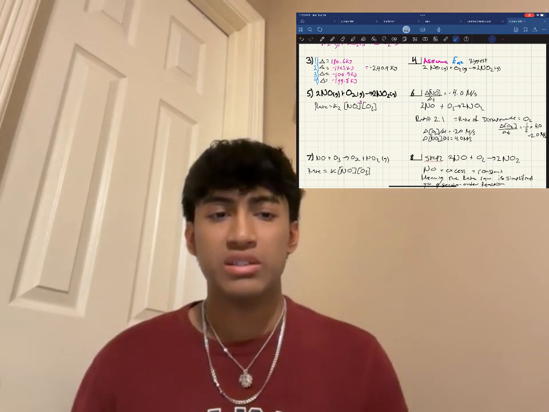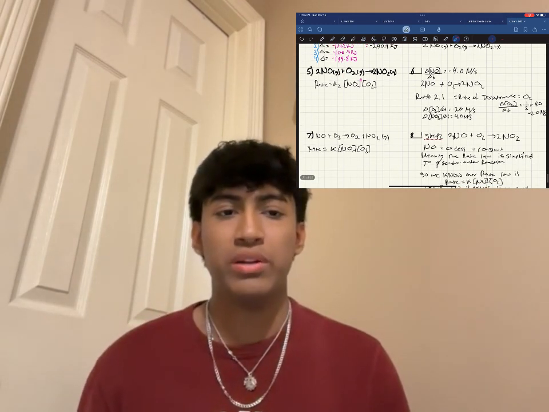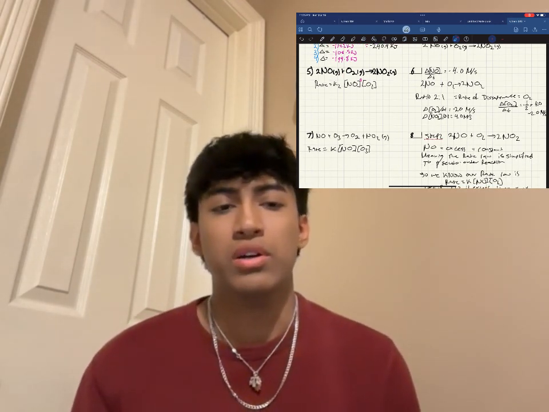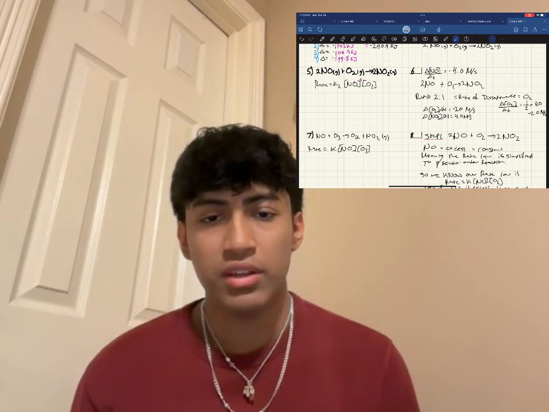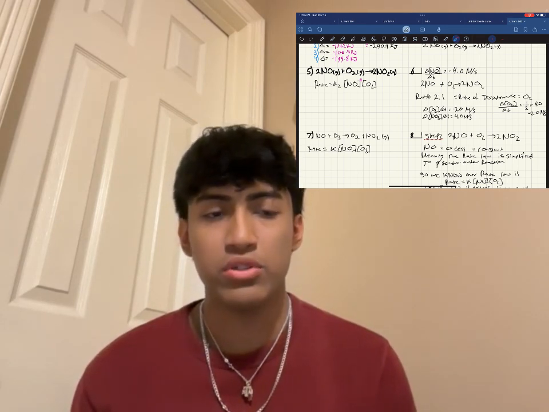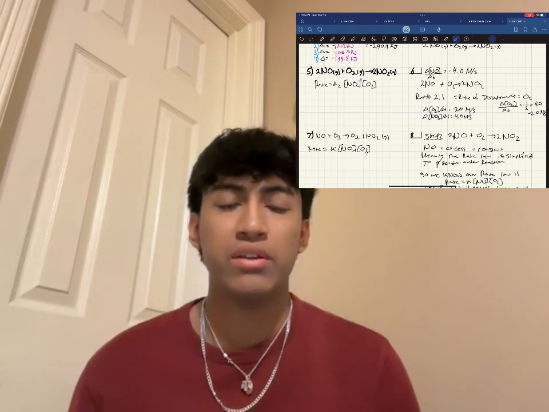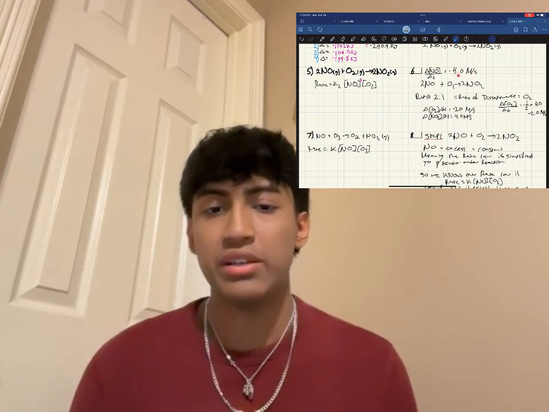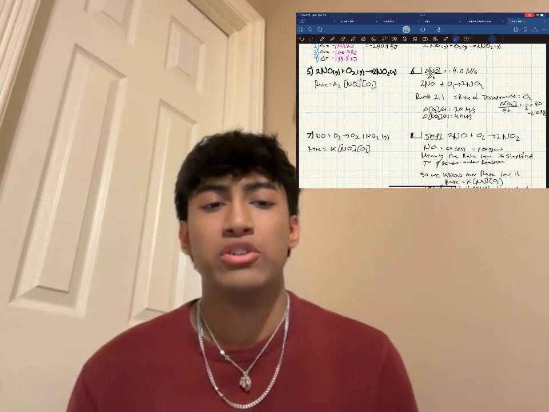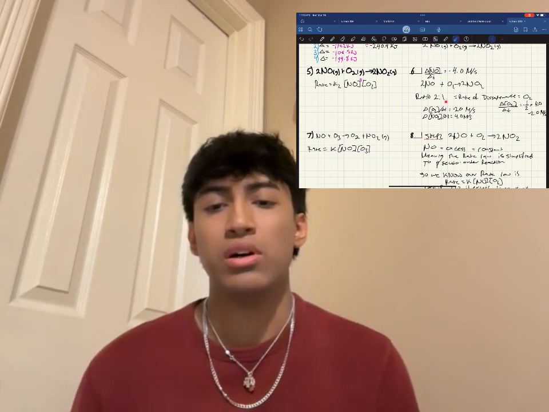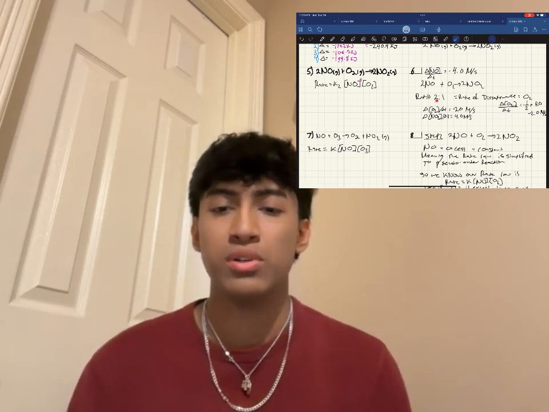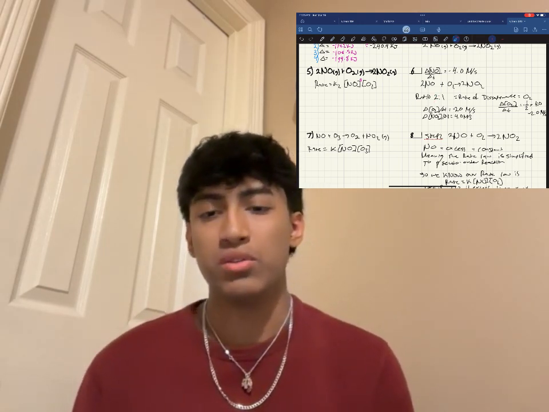So then problem 6 is just asking us to determine the rate of disappearance of NO2 and O2. So we know the ratio. Our given is negative 4 moles per second, and we know the ratio of NO2 to O2 is 2 to 1.